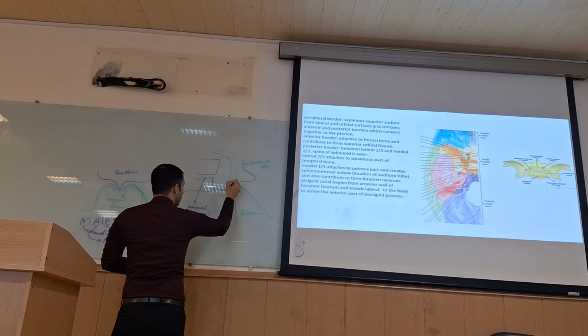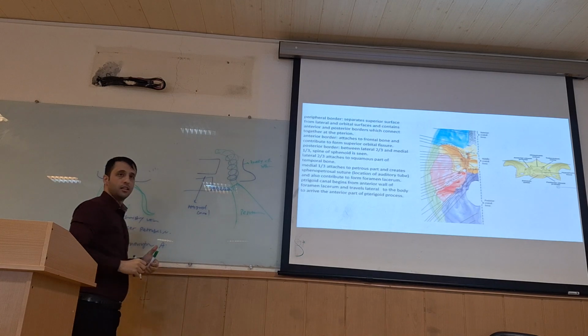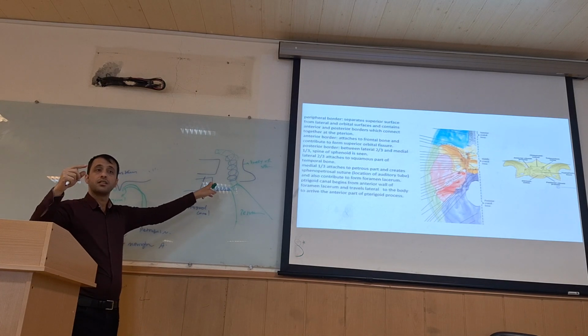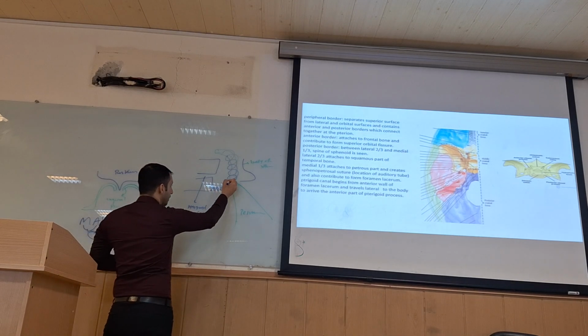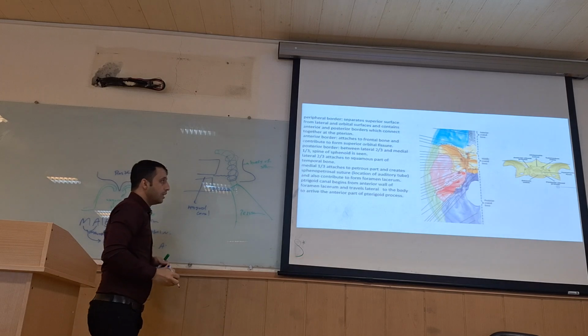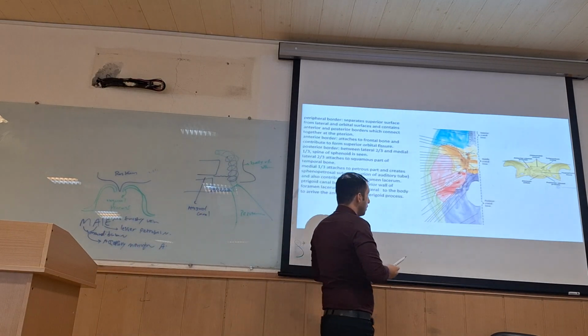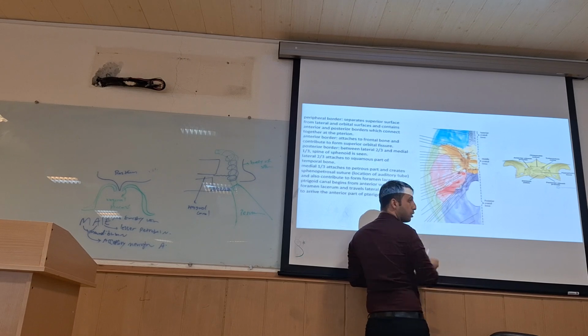You know that around every artery we have sympathetic nerve. Yes? So at this area, a branch of the sympathetic nerve comes. Another structure, look at here, here is groove for greater petrosal nerve.